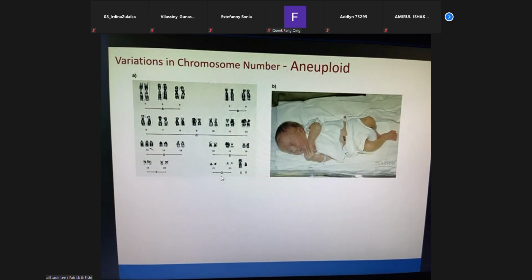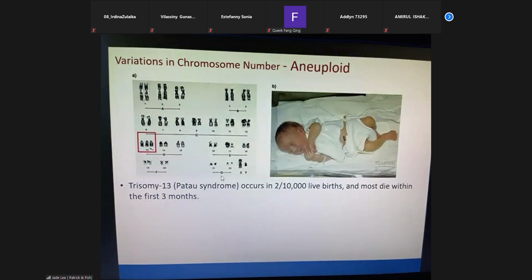Okay. So kalau kita tengok chromosome 13, which is the Patau syndrome, okay, it occurs in 2 in 10,000 live births, and most die within the first 3 months. It's because chromosome 13 dia duplicated. Dia ada extra satu lah, 2n+1 di sini.